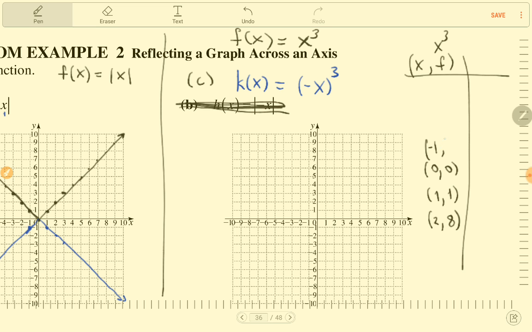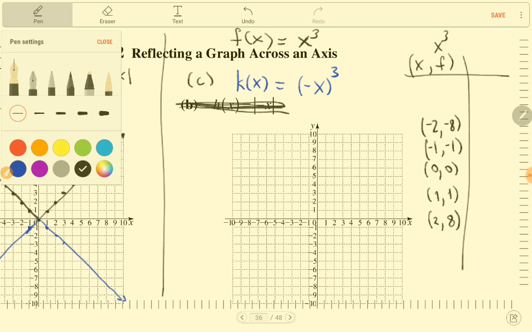Negative 1 cubed is negative 1 times negative 1 times negative 1, which is positive 1 times negative 1, so you get a result of negative 1. And then negative 2 becomes negative 8 for the same reason.